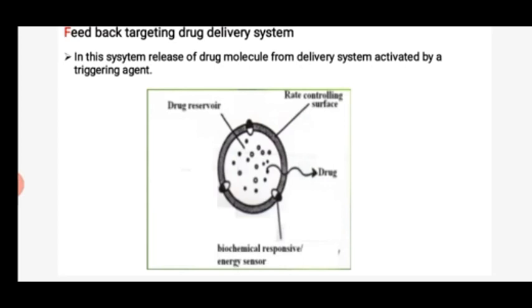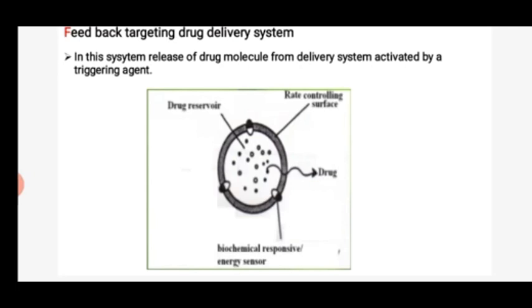So next we see the therapeutic index, and the therapeutic index formula is TD50 upon ED50, where TI means the therapeutic index, TD50 is the median toxic dose and ED50 is the median effective dose.